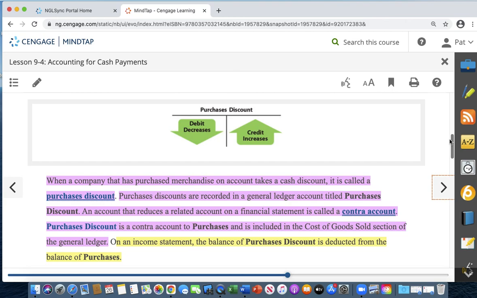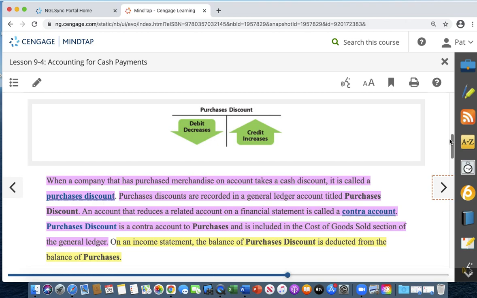Okay? We said purchases has a normal balance of a debit. Whenever you have a contra account, the opposite needs to occur. So if we have purchases and we say the normal balance is a debit, purchases discount is the contra account, meaning it will do the exact opposite.